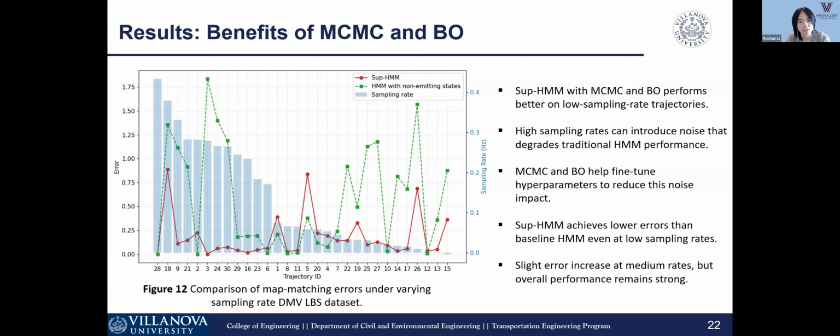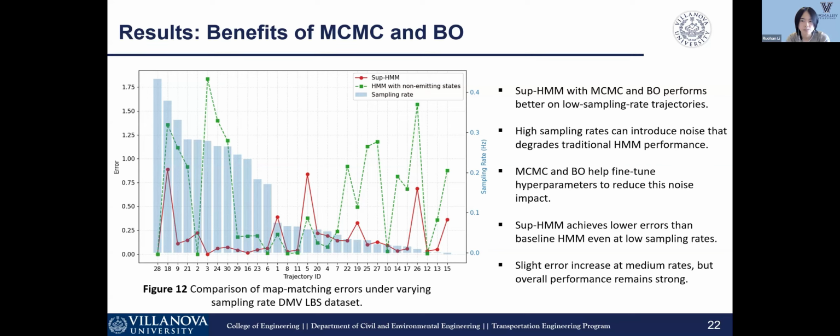It's also interesting that at high sampling rates, the benchmark model still suffers due to noise and oscillations in the dataset. But the Sup-HMM model handles this better because MCMC and BO, the Bayesian optimization, help fine-tune the hyperparameters to reduce this effect.